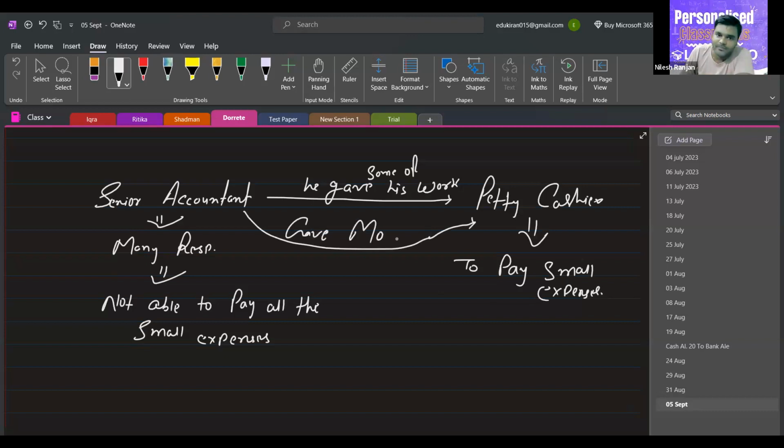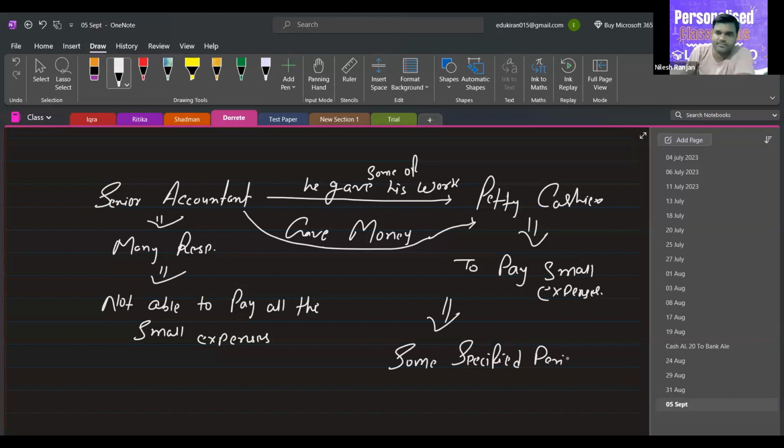And there will be some specified period. I am writing all these items so that if you are not able to listen to me, you can also understand by seeing the writing.